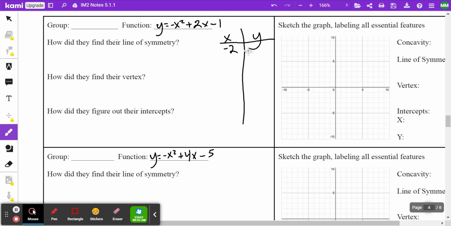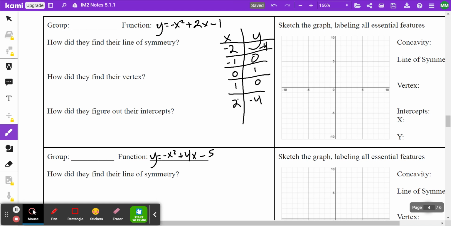I plug that into my equation, y is -4. -1, y is 0. X is 0, y is 1. X is 1, y is 0. And 2, -4 again. Okay, let's plot that. I don't think I need more.